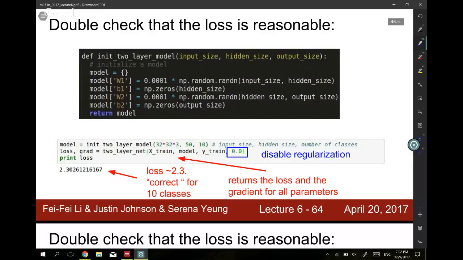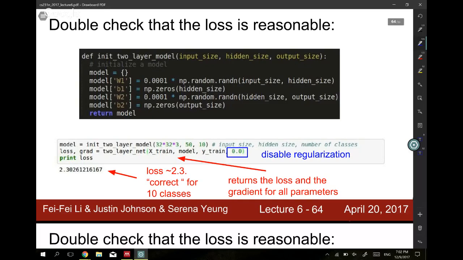Checking that it's reasonable, what they mean is that you know that the loss function you're using is softmax. So you have an expectation: it's a 10 class problem, so if you're randomly picking one class, then your loss is basically the negative log of 1/10, which is 2.3.